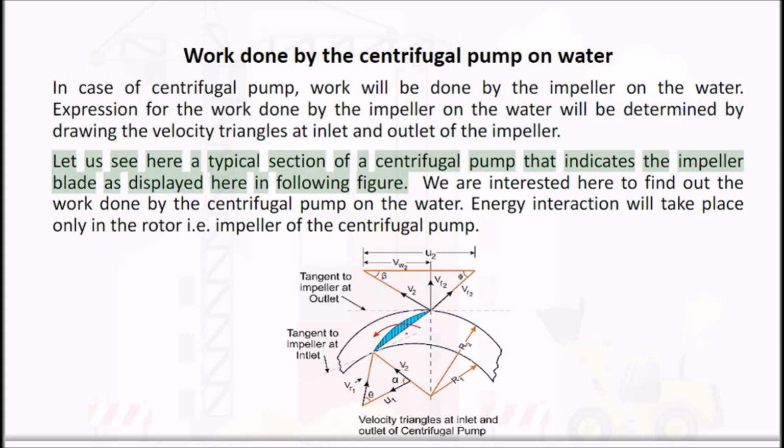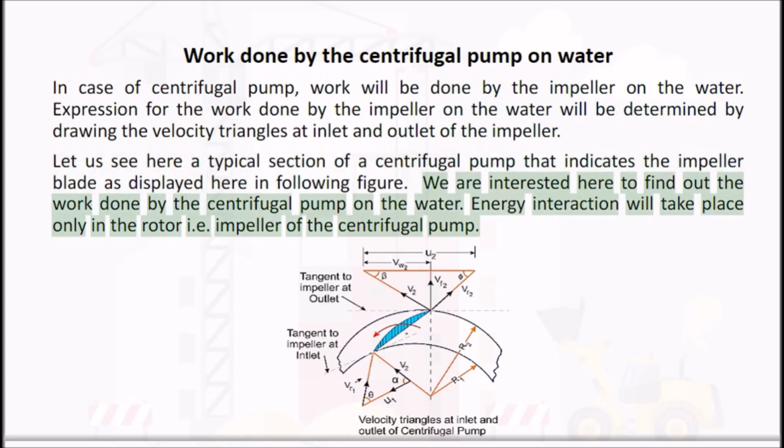Let us see here a typical section of a centrifugal pump that indicates the impeller blade, as displayed in the following figure. We are interested here in finding out the work done by the centrifugal pump on the water. Energy interaction will take place only in the rotor, i.e. the impeller of the centrifugal pump.